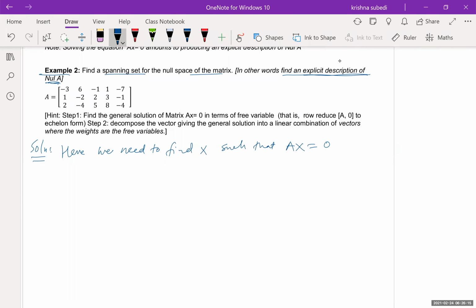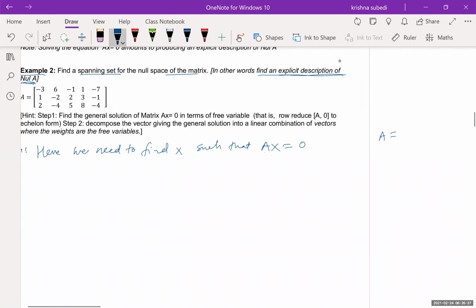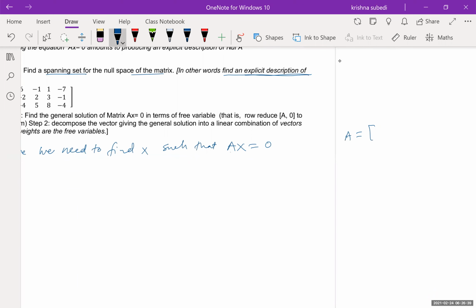By definition, x will be in the null space if Ax equal to 0. So that's the definition. From now onwards, I'm not going to put the vector sign here, because sometimes when we talk about a matrix, we can consider it as a vector if it satisfies those 10 conditions, right?